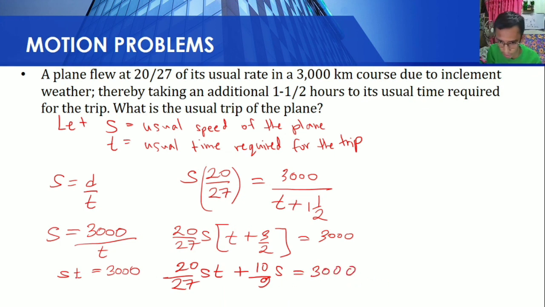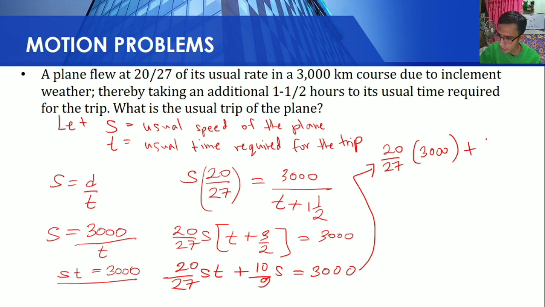So, let's substitute the value of ST into our second equation. Therefore, 20/27 ST is equal to 3 times 3,000, plus 10/9 S is equal to 3,000.